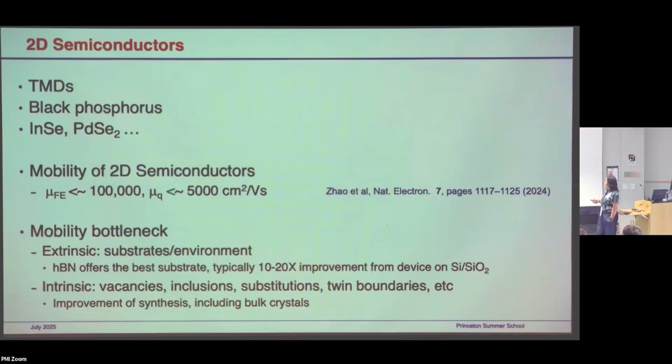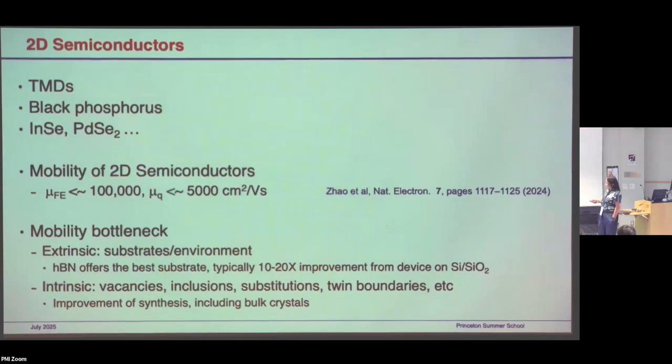I would say one reason is that 2D semiconductors are binary compounds, so entropy itself plays a role. Sometimes they tend to form clusters, the elemental clusters. So in this case, even entropy itself makes them more prone to defects and whatnot.